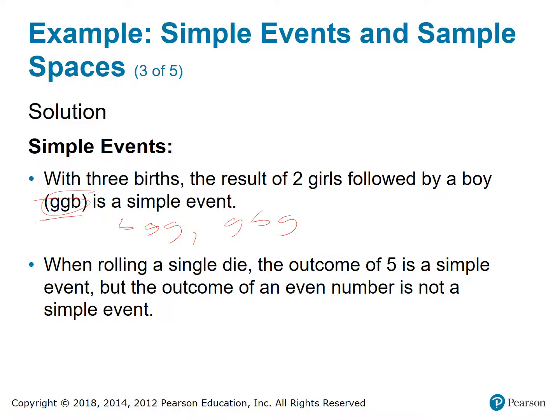Okay. So how about rolling a single die? The outcome of 5 is a simple event, but the outcome of an even number is not a simple event. Right? So for 5, that's just 1 outcome, and for it to be even, there could be 2, 4, or 6.